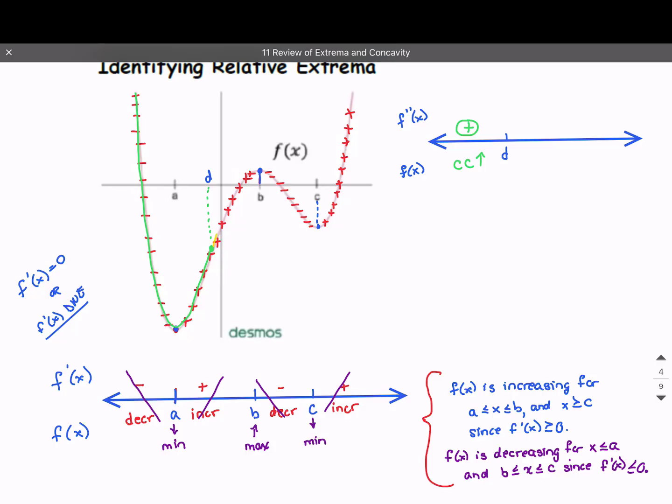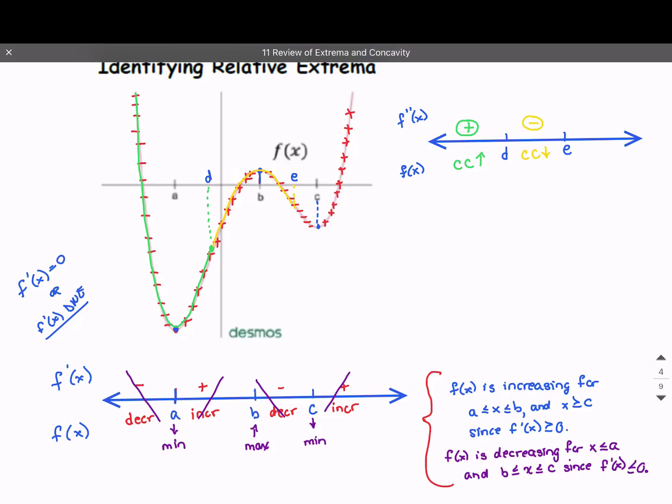Then our graph is concave down all the way till right around here. And we'll call that x value, let's say, E. So our graph is now concave down until we get to E. And if our function's concave down, our second derivative is negative.